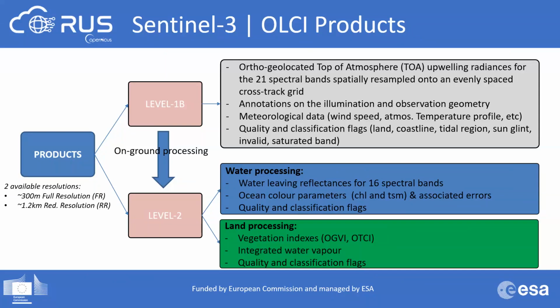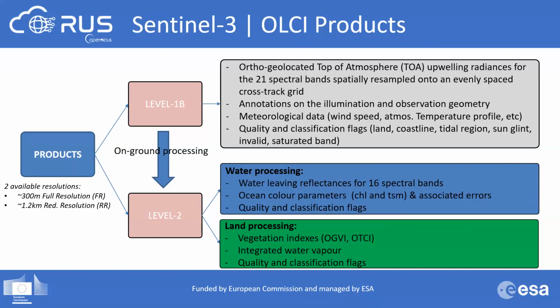Then those top of atmosphere upwelling radiances will be ingested by the on-ground level 2 processing chain. So two different processing chains, one dedicated to processing the measurements over ocean and the other dedicated to processing the measurements over the land surfaces.